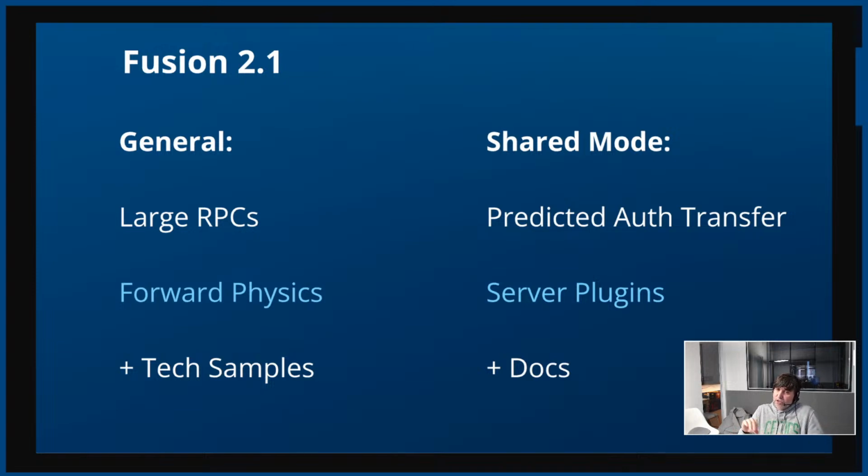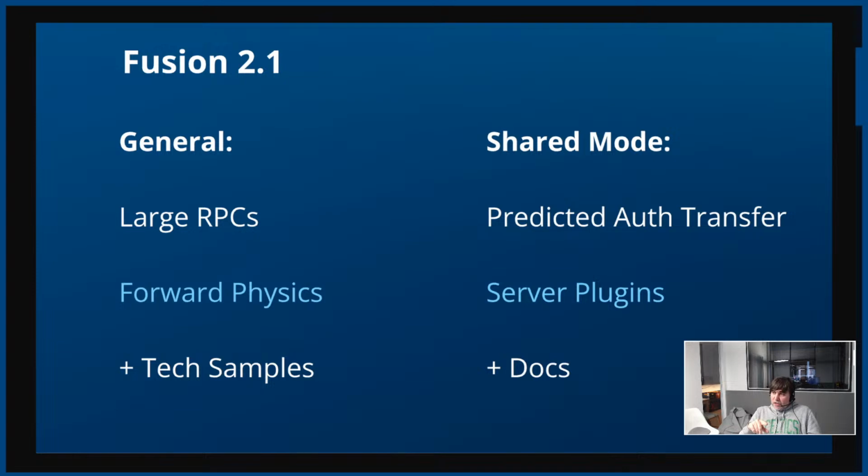Now RPCs are going to be done on top of the reliable streaming API in a separate channel, so it does not affect the general network properties. This is going to come in 2.1. Essentially, no breaking changes, and if you add a lot of data to RPCs, it's not going to block you from doing that.